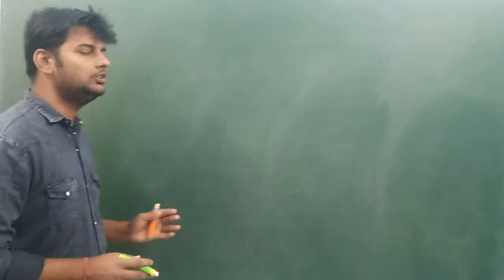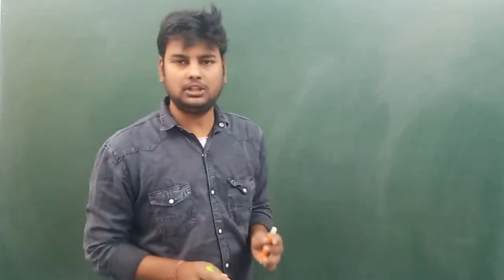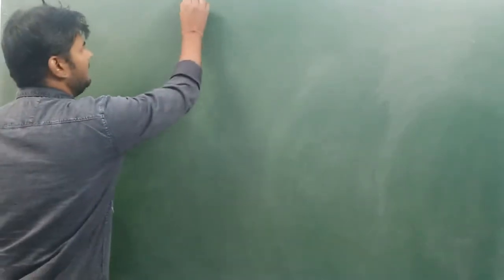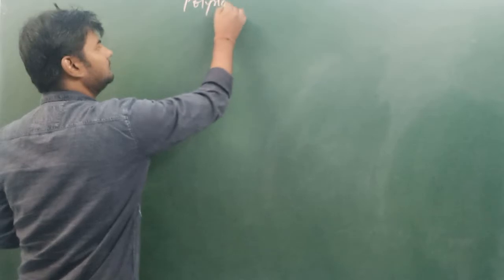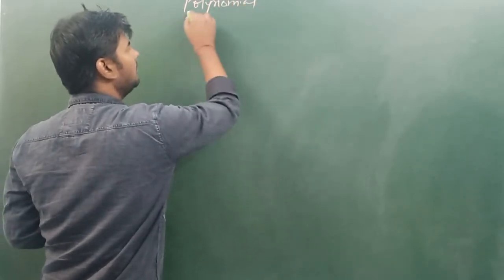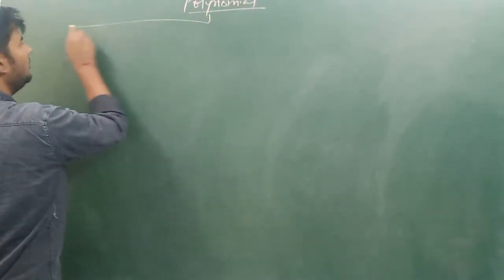So now we are going to read about the classification of polynomial. Firstly, a polynomial is classified on two bases.